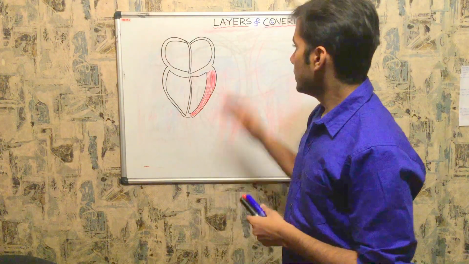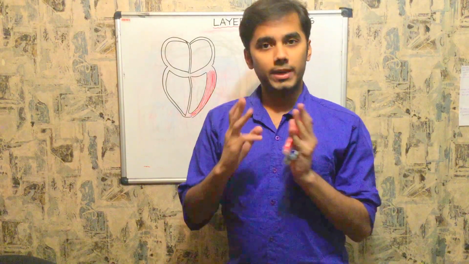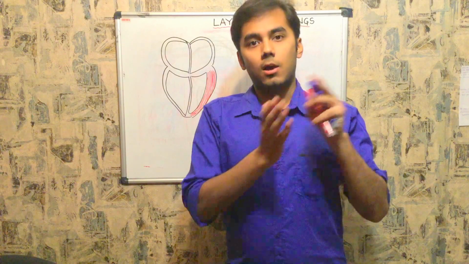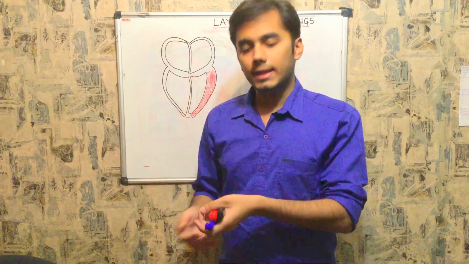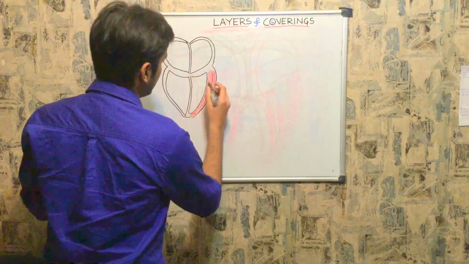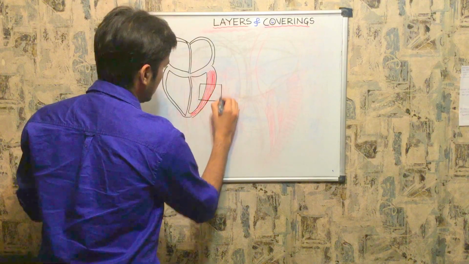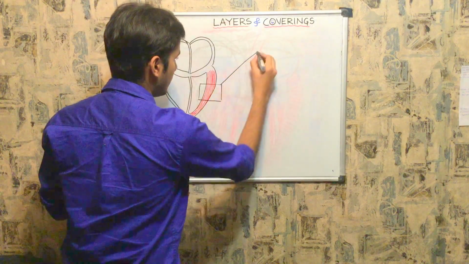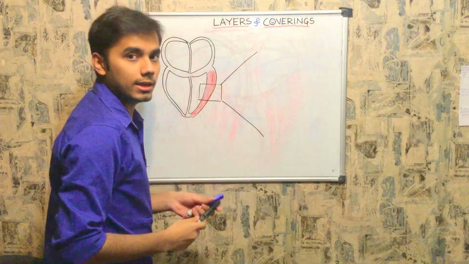Now, coming to the layers, the heart is made up of mainly three layers: the outermost layer, the middle layer, as well as the inner layer, right? So if I take a section of this part and if I represent it here, we'll start with the outermost layer of the heart.